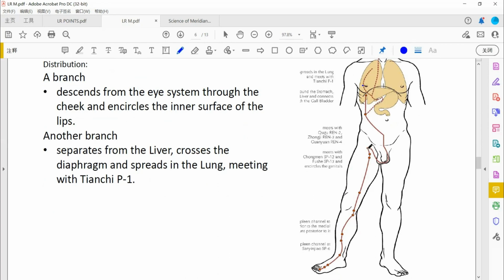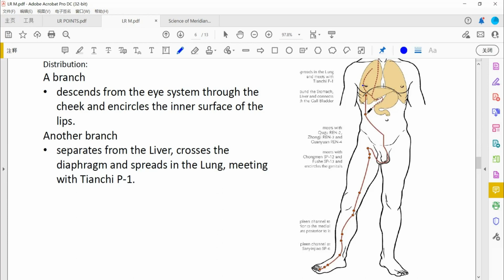SP12 and 13 will be a little bit higher, and then goes down to circle the genitals and cross on CV2, CV3, CV4, and go to this one, goes up to the liver.